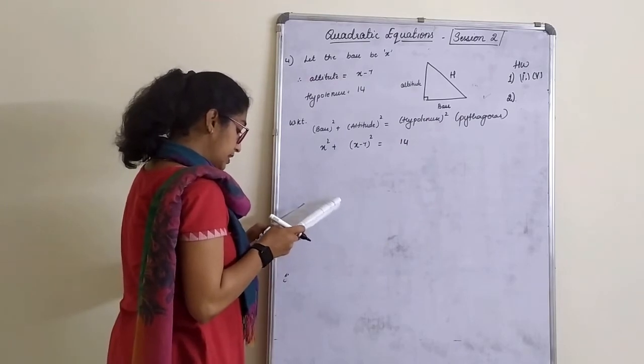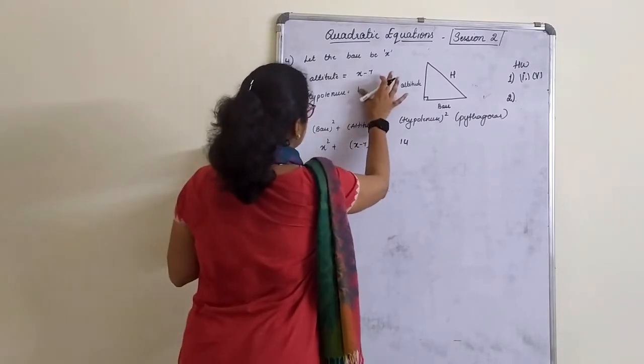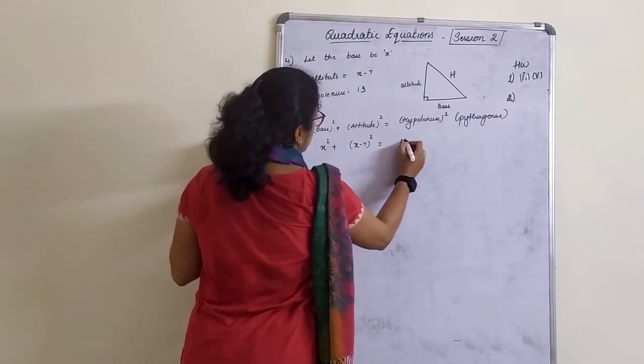Hypotenuse is 13, it is given. 13 square.